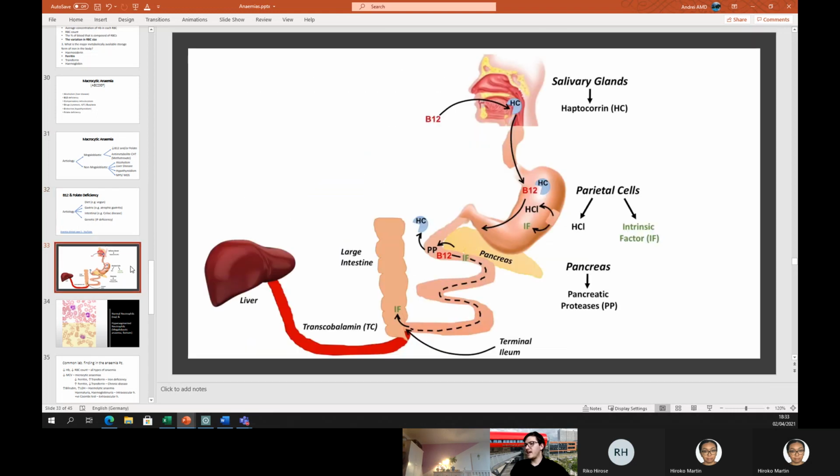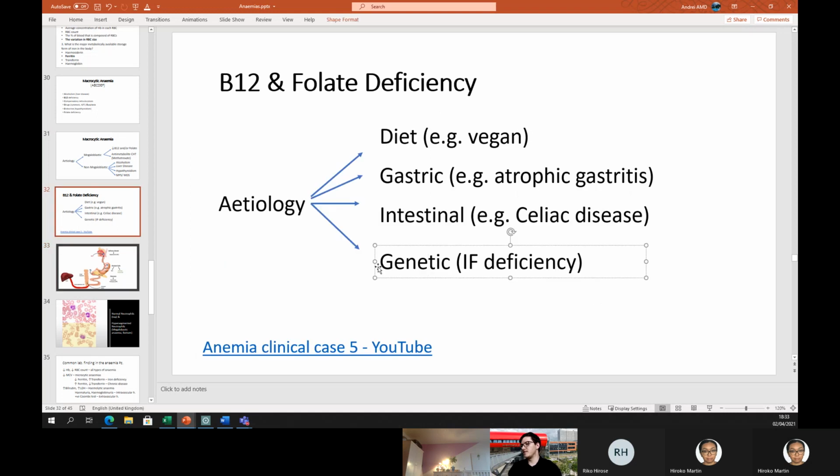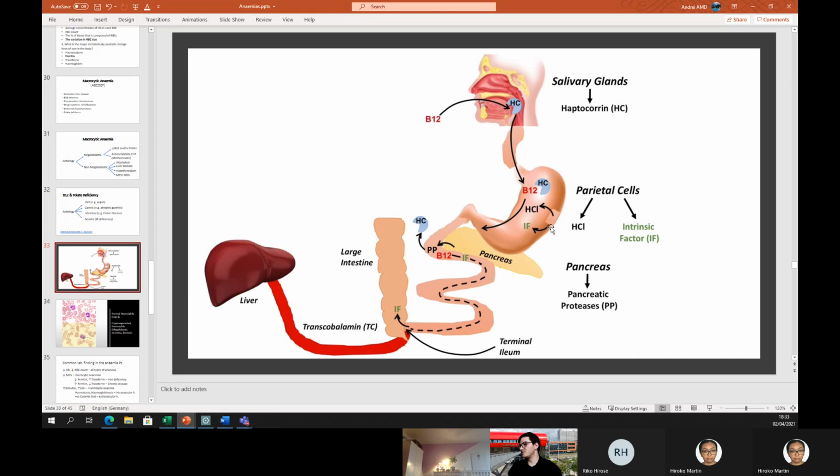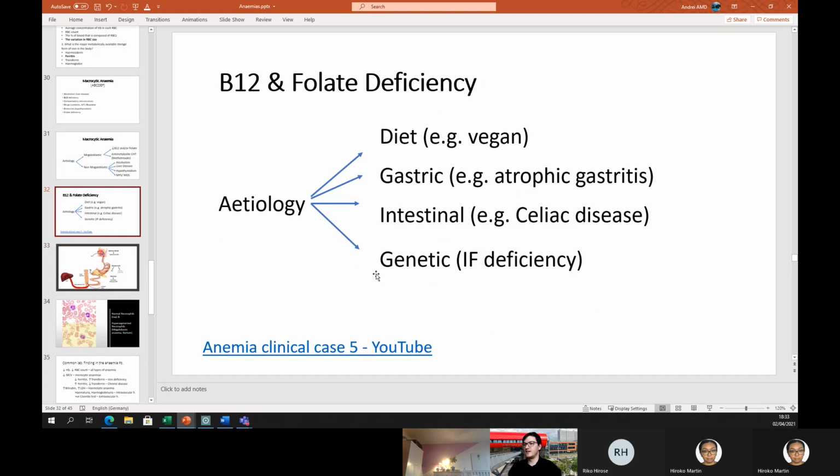So in case you're not producing enough intrinsic factor, such as in this genetic condition of intrinsic factor deficiency, or the parietal cells, which secrete intrinsic factor, are damaged, you get a lack of intrinsic factor, therefore decreased absorption of B12, and in the end B12 deficiency. Intestinal causes are anything that produces malabsorption, for example celiac disease.